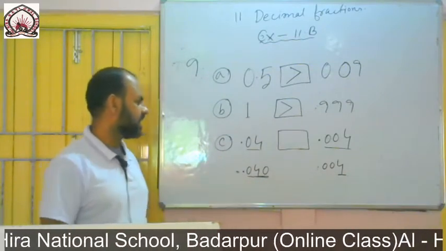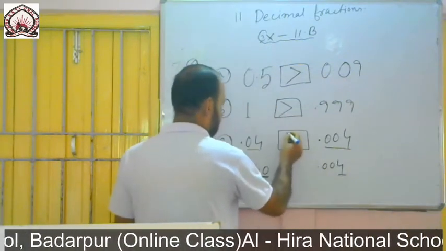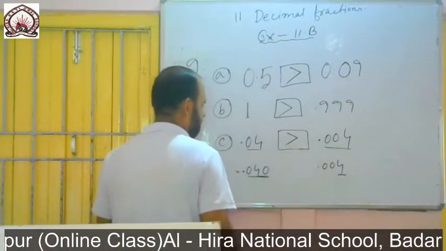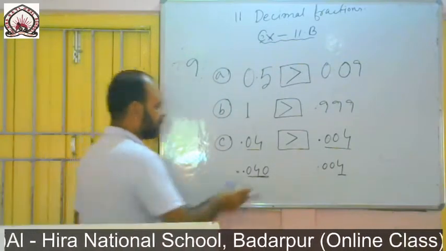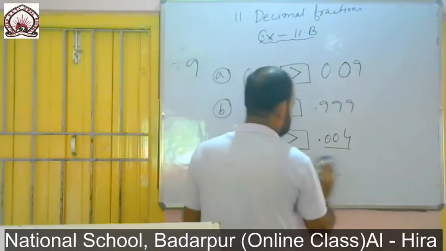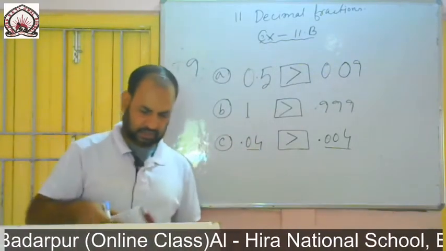So 40 is definitely bigger than 4. So 0.04 is greater than 0.004.